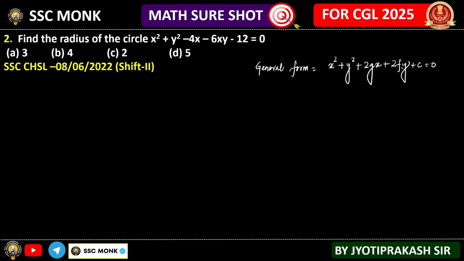Coefficient of x. f is what? Coefficient of y, and c is the constant. Then radius, r, is equal to the square root of g square plus f square minus c.